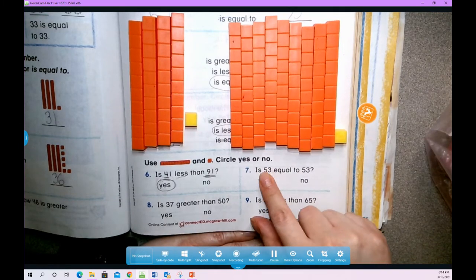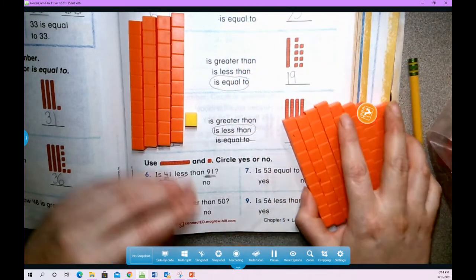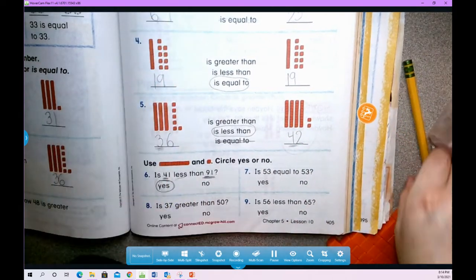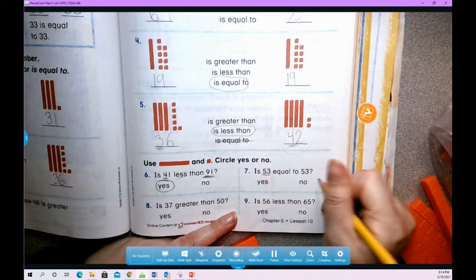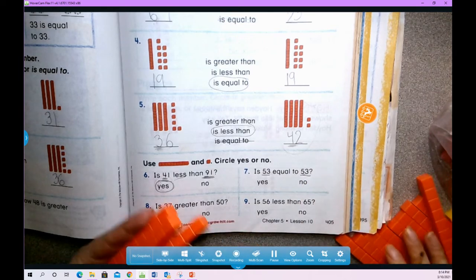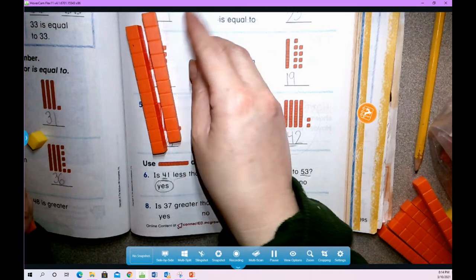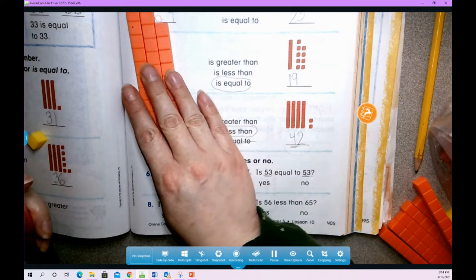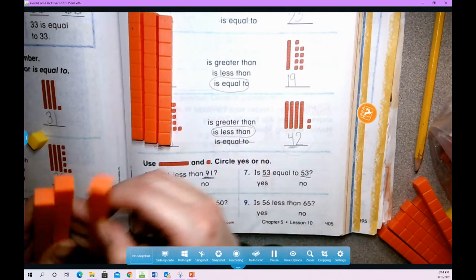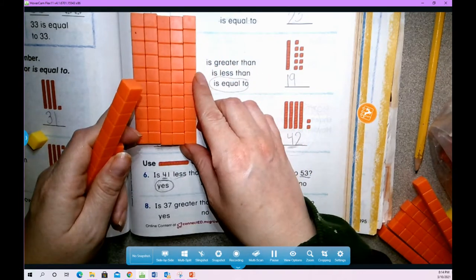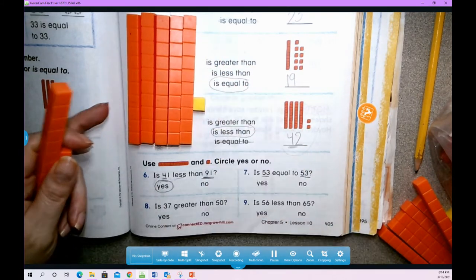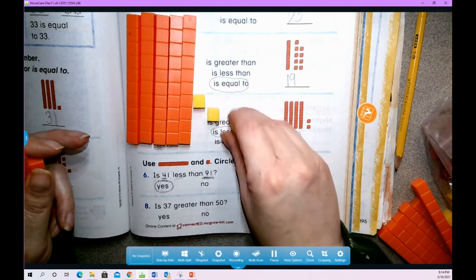Okay. I want us to try number 7. Let's build 53 and 53. Okay, I'm going to build it, but I have a feeling you guys don't even need me to build this one. So I have 10, 20, 30, 40, 50, 51, 52, 53.